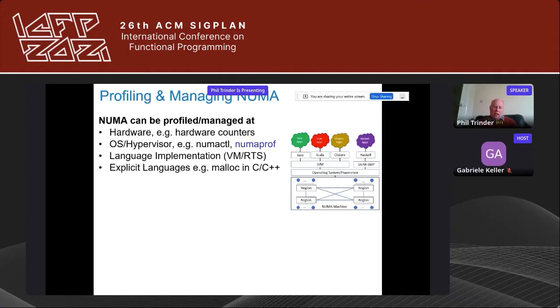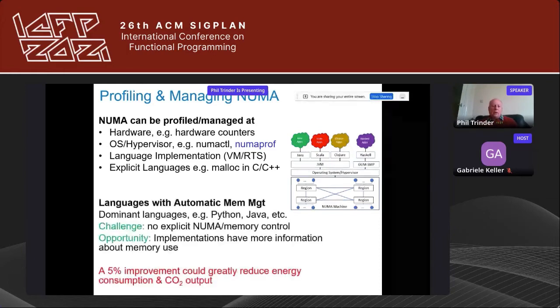Potentially, a language implementation, a virtual machine or runtime system can keep track of where memory accesses are being targeted. And in some languages, like C or C++, you can actually allocate memory into a specific region. But of course, most languages don't use explicit memory management.